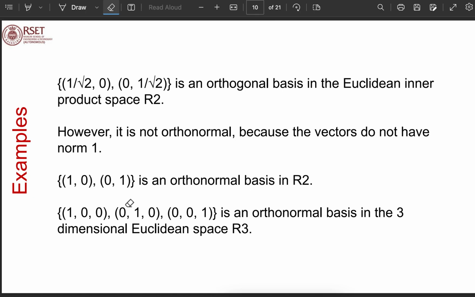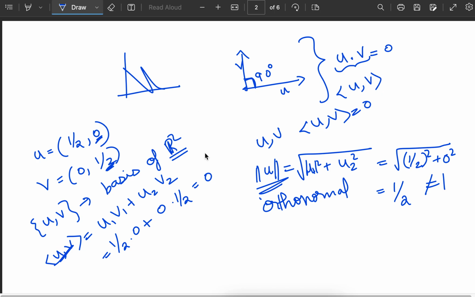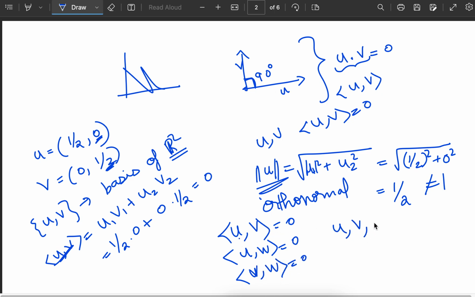If we take (1, 0, 0) as u, (0, 1, 0) as v and (0, 0, 1) as w, we can easily show that inner product of u and v is equal to 0, inner product of u and w is equal to 0, and inner product of v and w is also equal to 0. That is, u, v, w are an orthogonal set.